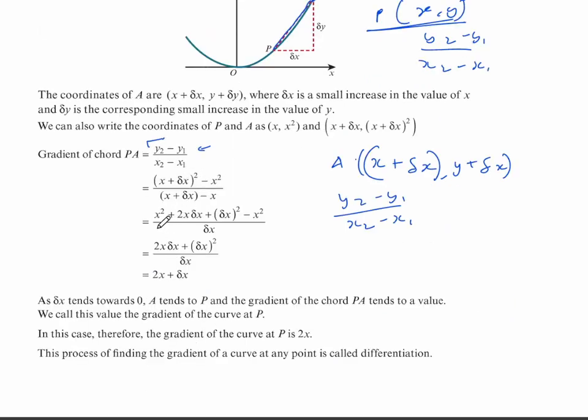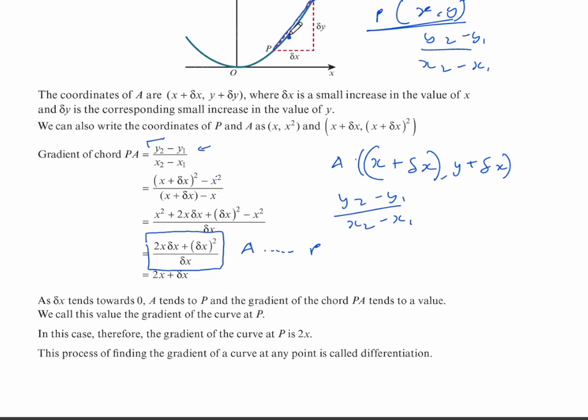Expanding the bracket, we'll get x squared plus 2x delta x plus delta x squared, and then minus x squared at the end. And at the bottom, the x and the negative x will cancel each other out. We'll be left with delta x. So then we end up with this thing right here. And so as our point A comes closer and closer to P, so initially we had point A far.